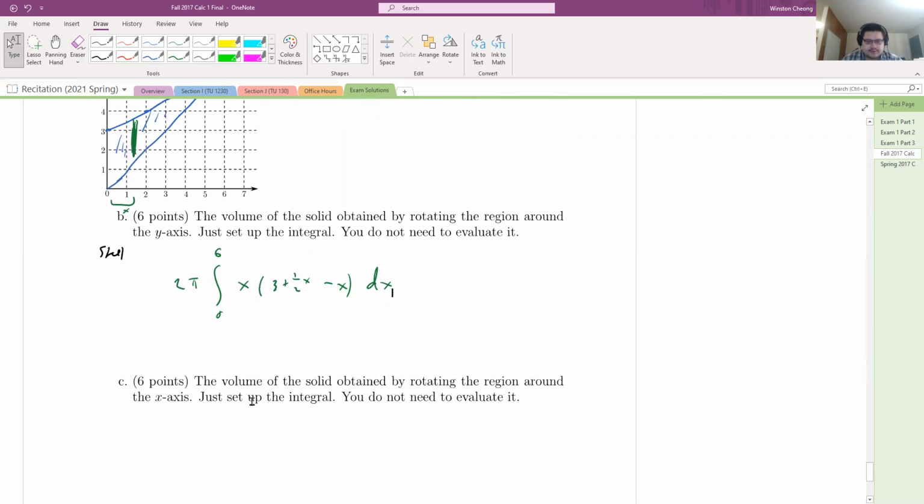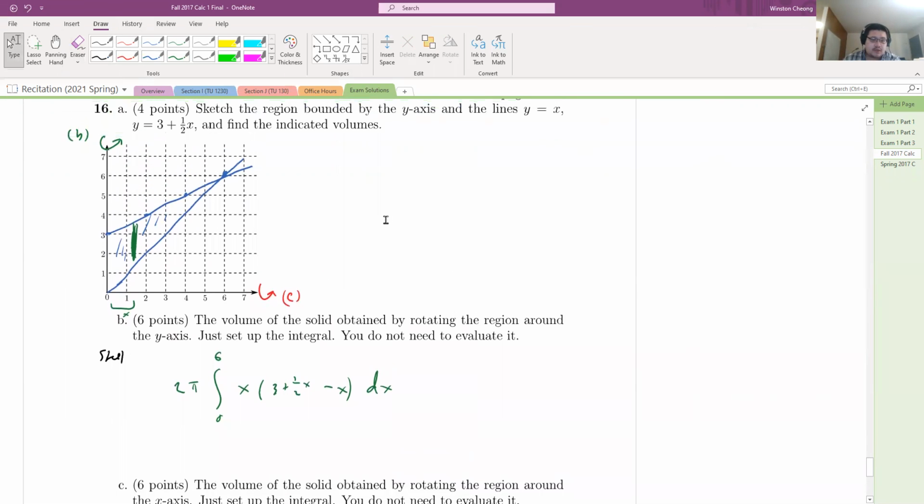For the other one, let's see. The part C, I guess I'll use the other color I have here, which is red. So in this case, we want to rotate it about the x-axis. And yeah, I want to use the same segment. So let's just draw it somewhere else.